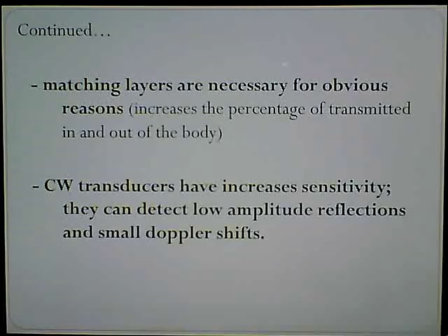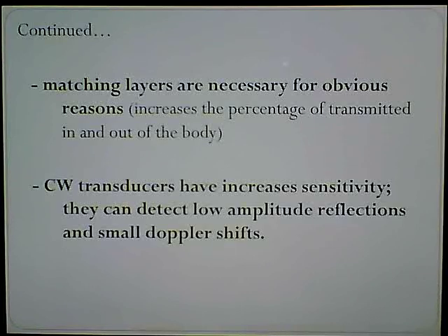Matching layers are necessary for obvious reasons. We still have to have that. All that does is increase the percentage of sound transmitted in and out of the body. We still need the bridge because the crystals are ringing. We still need the matching layer and the gel to get as much transmitted sound.